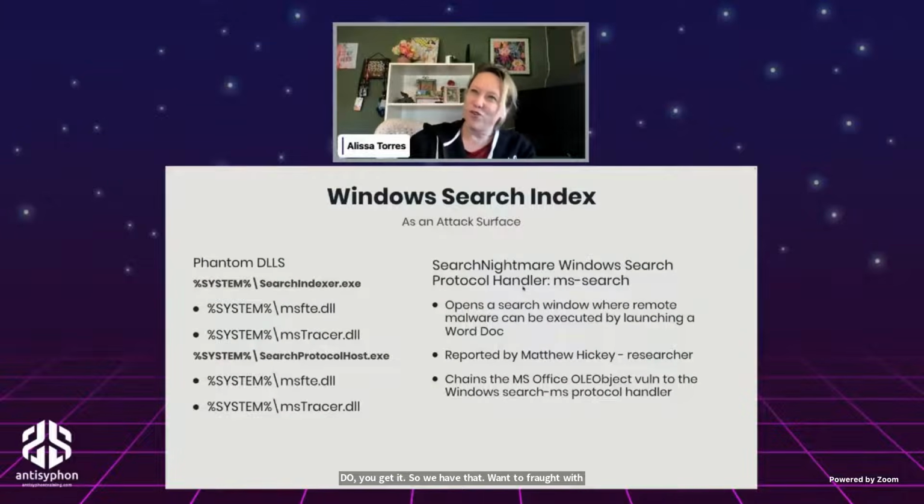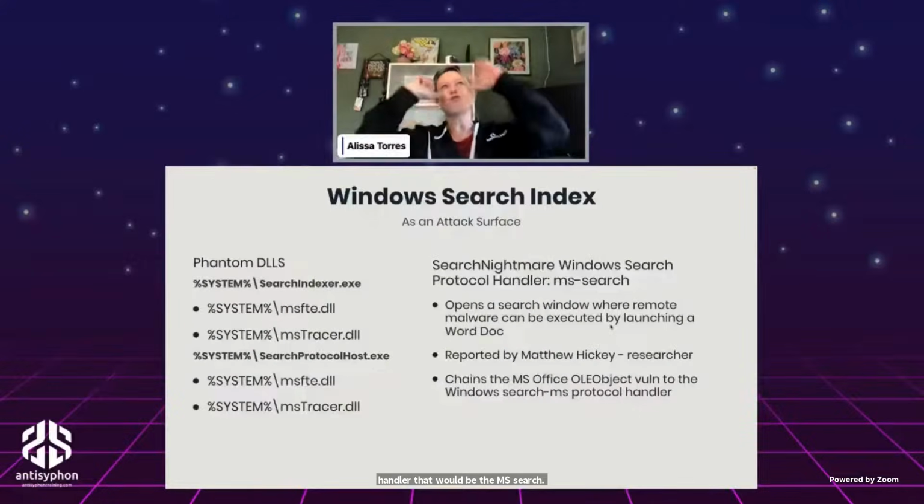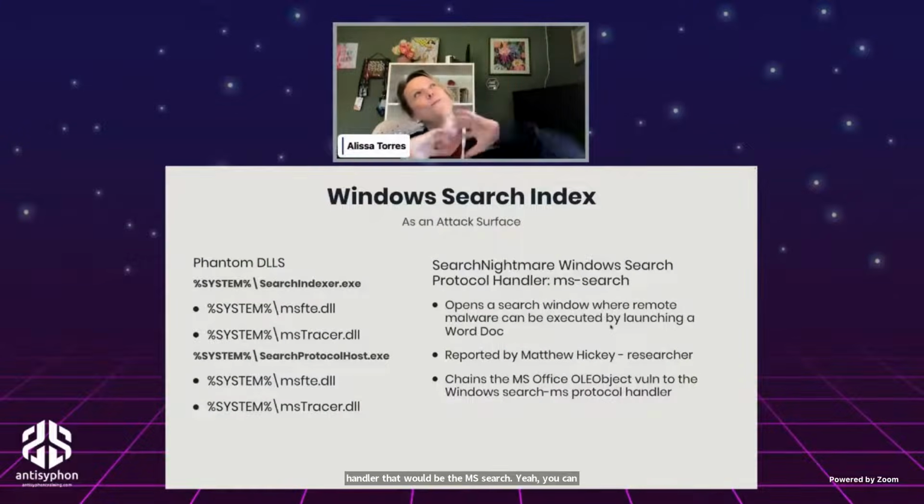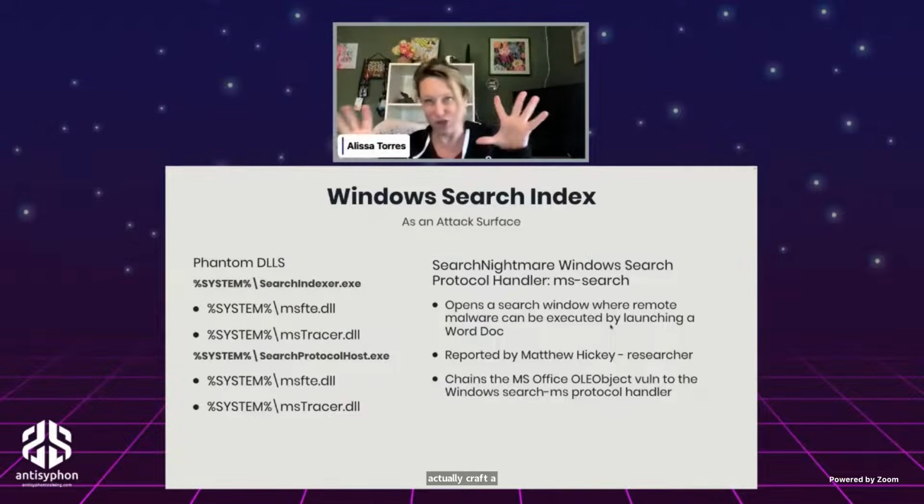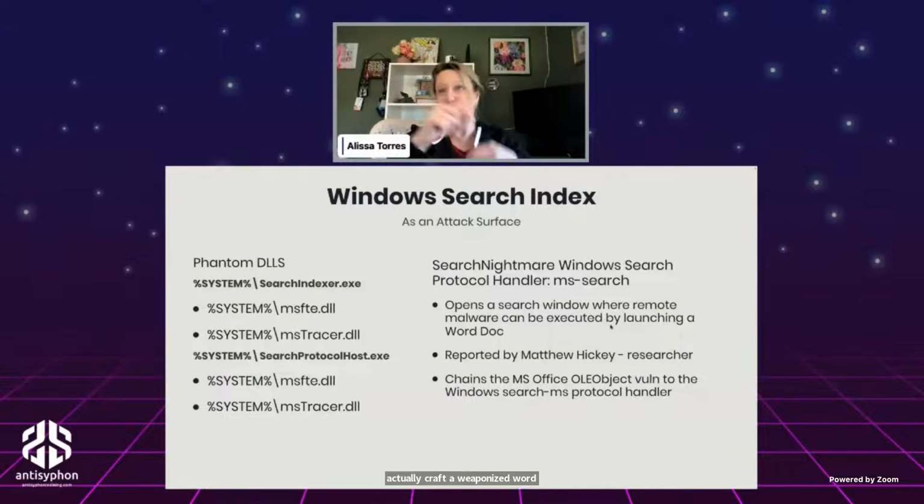And then, of course, we lived through the search nightmare. The 0 day that was identified in the Windows Search Protocol Handler, that would be the ms-search. Yeah, you can actually craft a specially crafted weaponized Word doc that will allow... I mean, the user is going to be like, hey, are you sure you want to do this?